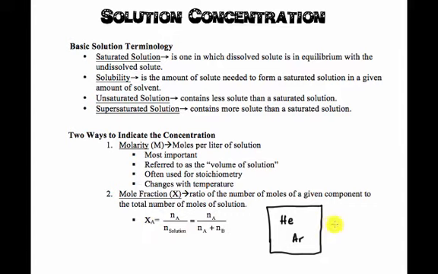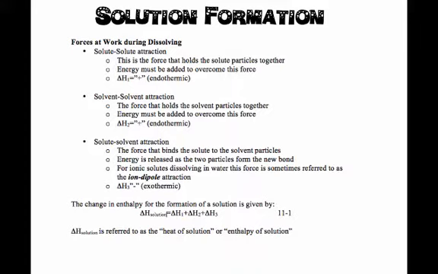So it's kind of like a percentage without multiplying by 100. So if I had 50 of the helium and 50 of the argon, I would have half and half. I would have 100 total, and I would have 50 helium over 100. I'd have 50% helium, so I would be multiplying by 0.5 to figure out how much gas is in there. We talked about that in the gas law chapter. So if you need to, go back and review. I want to focus more on the solution formation process.